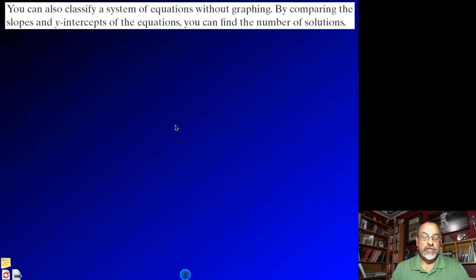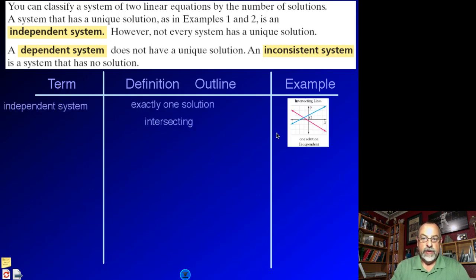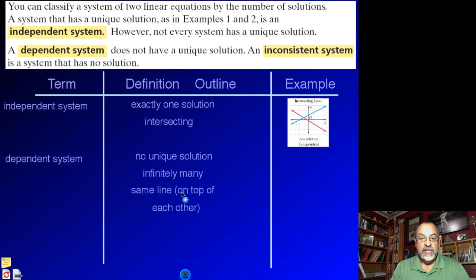Now, we can do all this without actually graphing them, because all we have to do is look at the slopes. Let me go back to what we were looking at before. The intersecting lines, remember, are going to have slopes that are different. Slopes that are different will be an independent system. If we're looking at a parallel line or a line on top of a line, we're going to have the same slope.